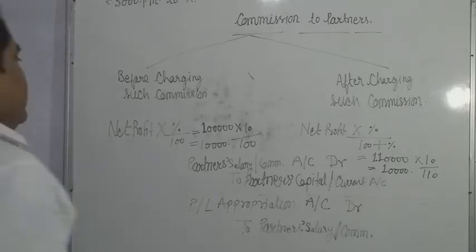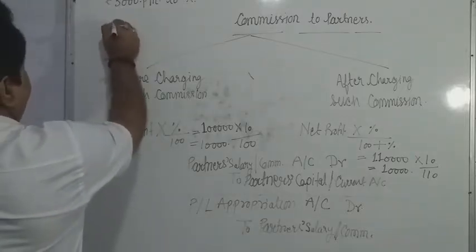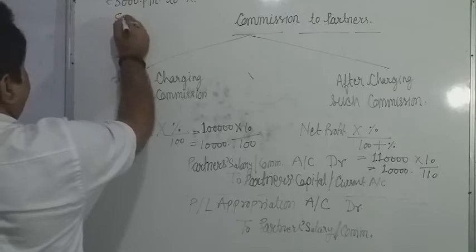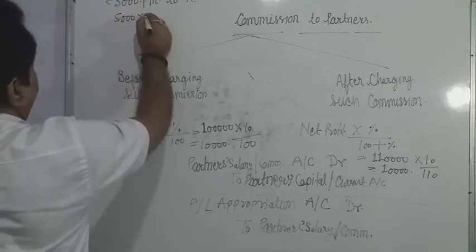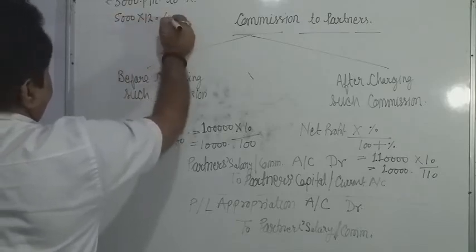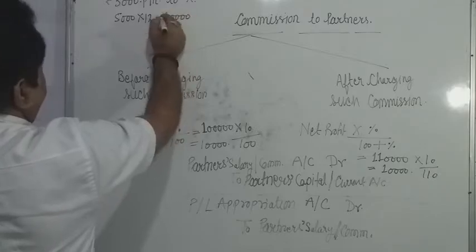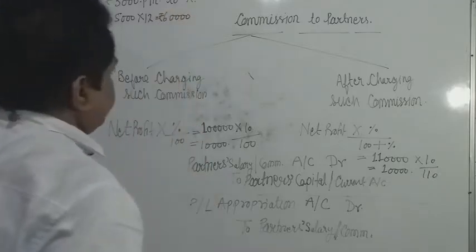So the amount of salary for the year will be 5,000 into 12, which is 60,000 rupees for the entire year.